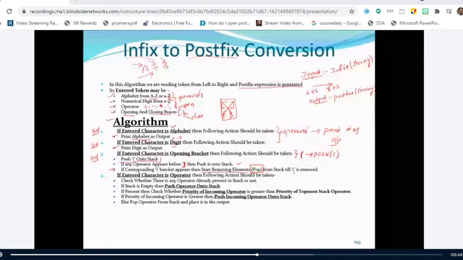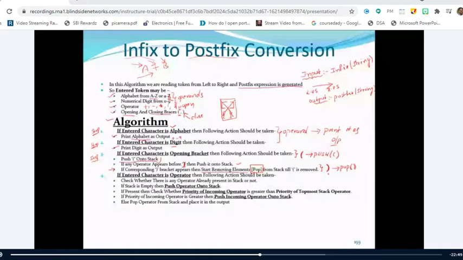So what he is saying is, whenever you come across a closed parenthesis like this, you have to perform the pop operation. Up to what point? Until you come across the corresponding opening parenthesis, right?